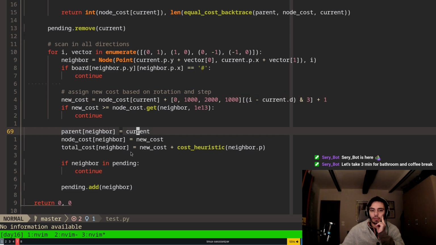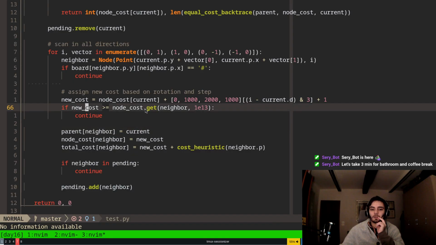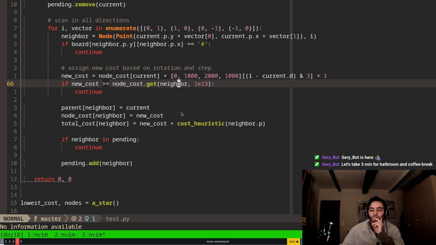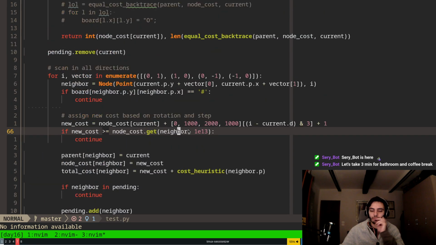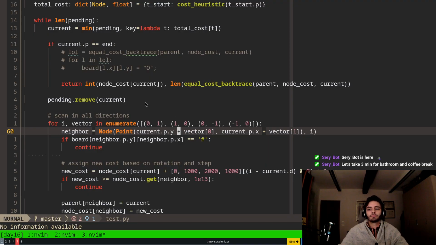Or a neighbor current, okay. If new cost is bigger than neighbor, yeah, but he doesn't actually.